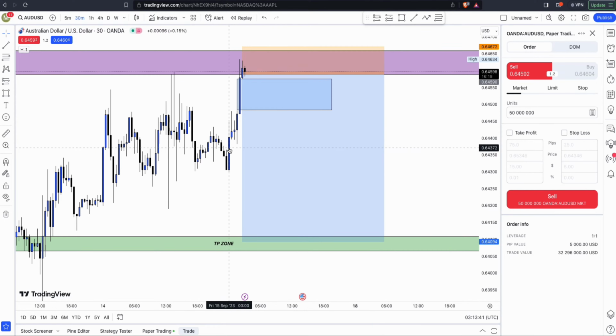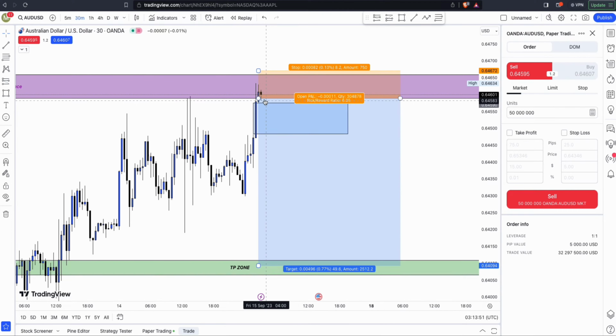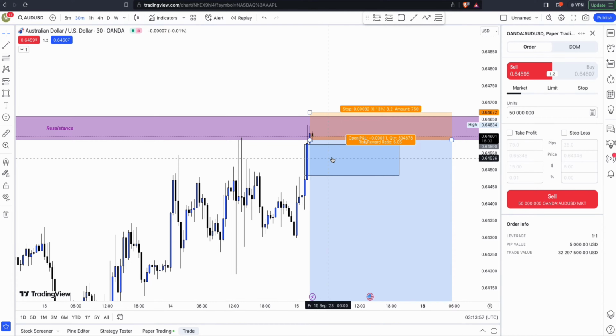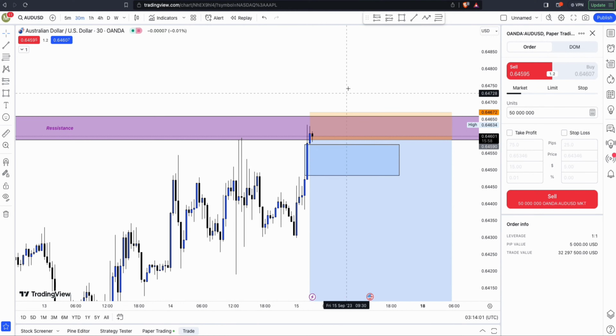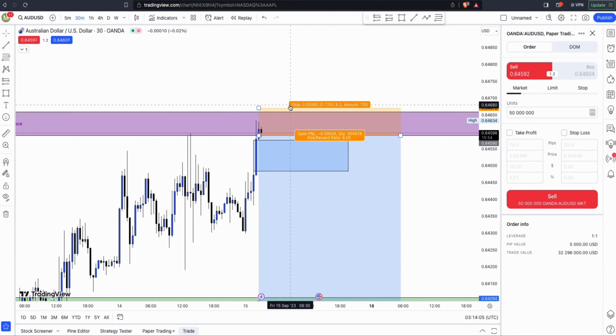You can actually notice a lot of fair value gaps on the Australian dollar US dollar time frame. So what might happen here, my main concern is that if we do see a rejection here and we go down, it might just fill the fair value gap and continue going up. That's my only concern. So we might get taken out here.